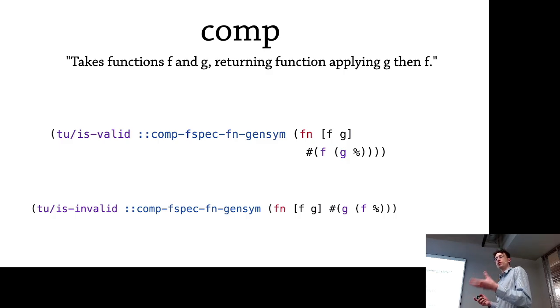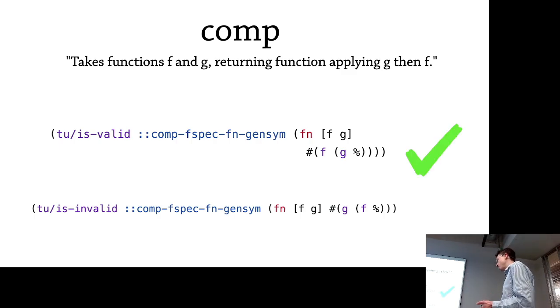Imagine if you could write it and then have the computer give you a thumbs up if you've actually done it correctly, right? So this is sort of the dream, and this is starting to be part of the realization of that dream. So the spec says applies G then F. Well, this first one applies G and then applies F. It takes an F and a G and applies G then F. So this is good.